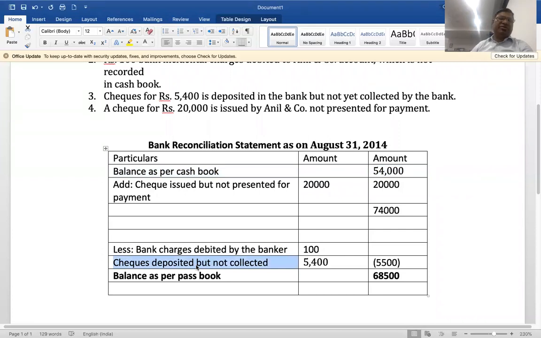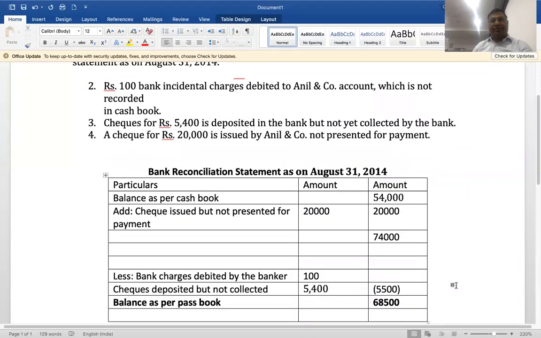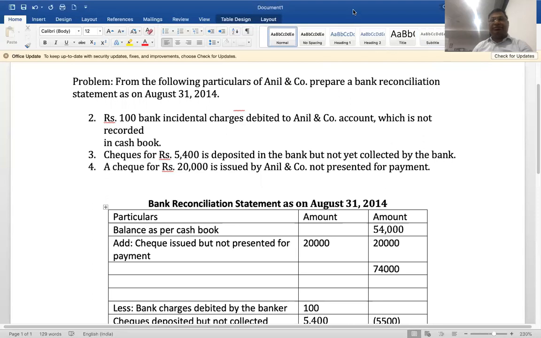These are the three common transactions that you get in any problem. So this is the answer. Any doubts? Okay, we will have a small quiz in this.